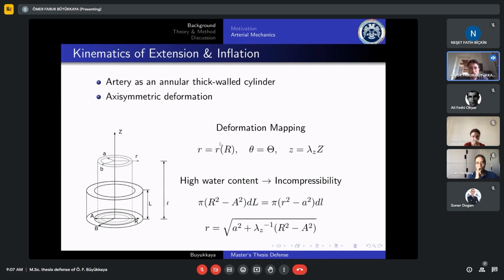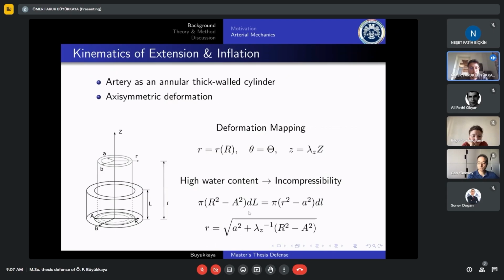We can solve the radial mapping by imposing the incompressibility condition because of the high water content of the artery. Actually, artery or in general biological tissue is not incompressible, but it can be assumed so for practical purposes.